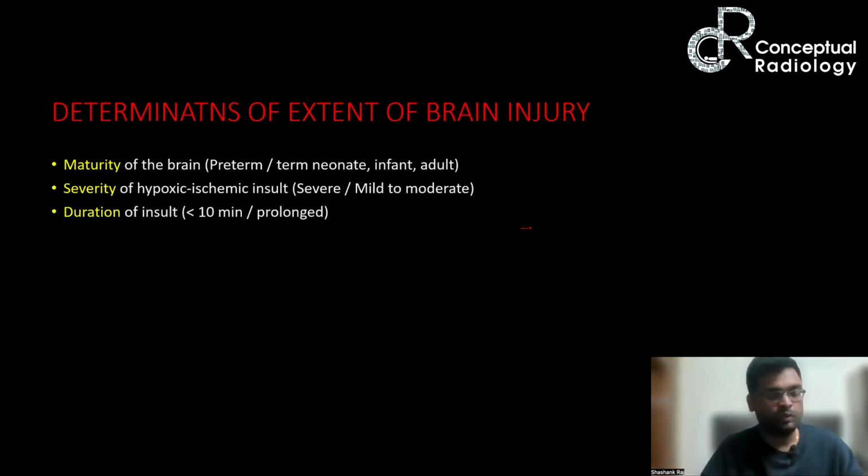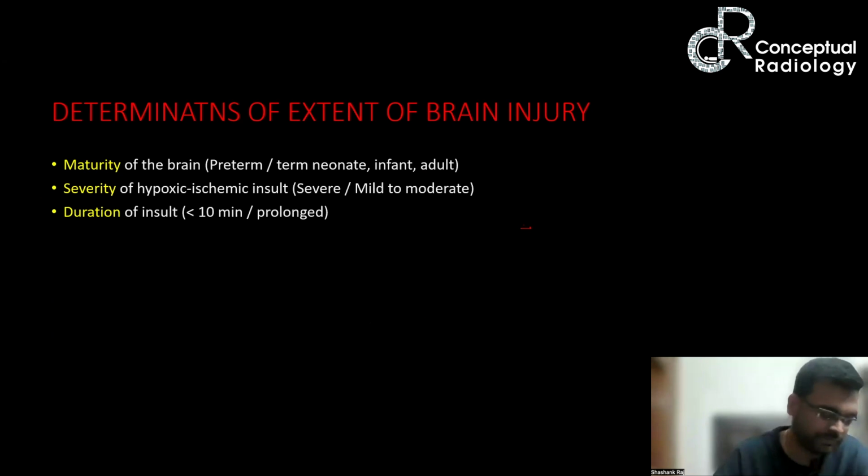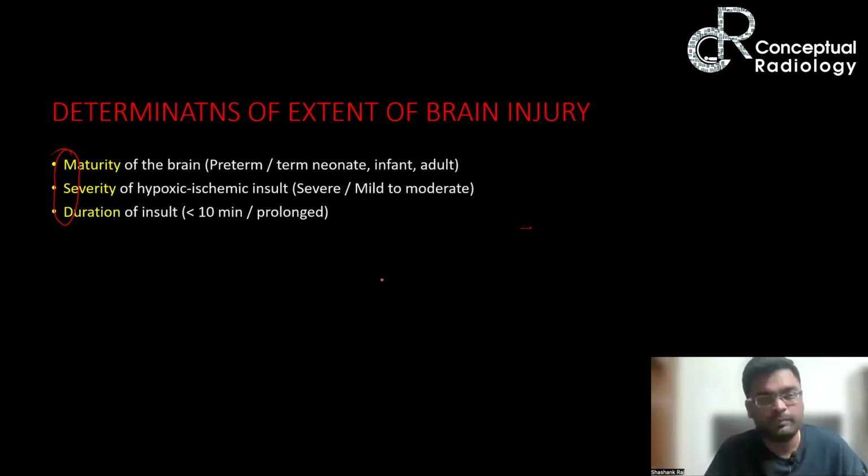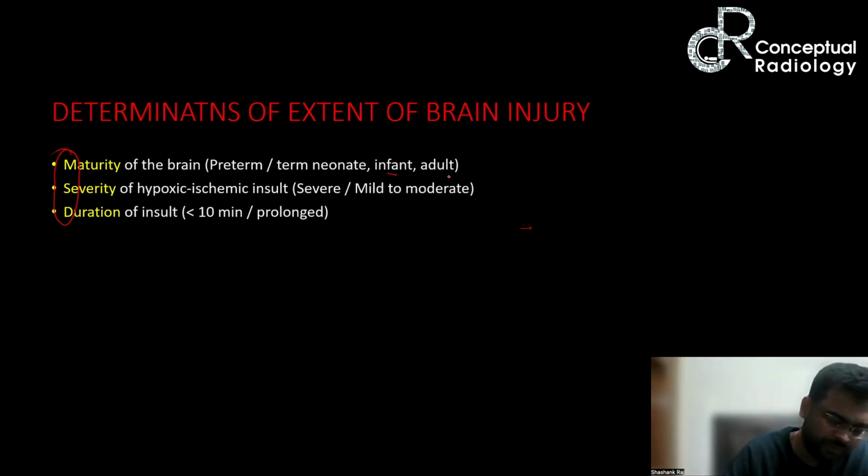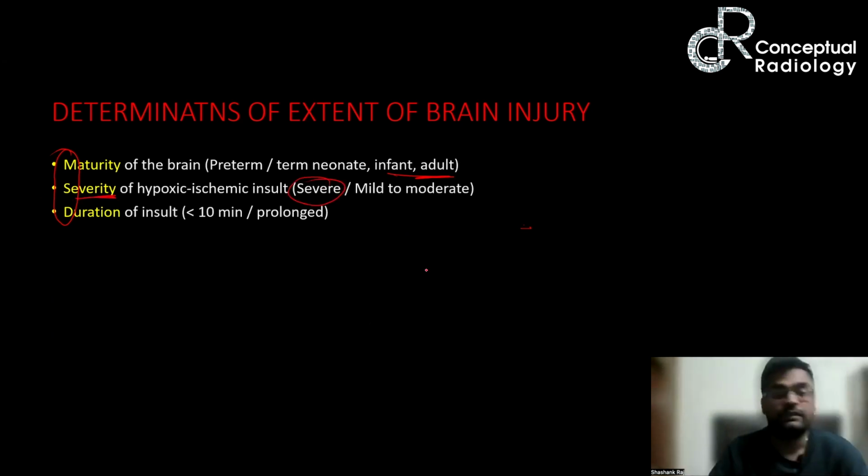Okay, so what are the determinants of extent of brain injury in HII? It is MSD. So maturity: what is the maturity of the brain parenchyma, whether we are dealing with a preterm neonate or a term neonate, and adults or infants. Then severity: whether the hypoxic insult is severe or mild to moderate.